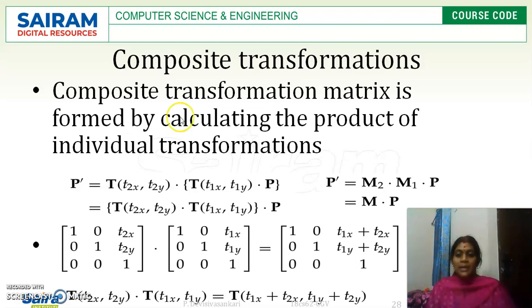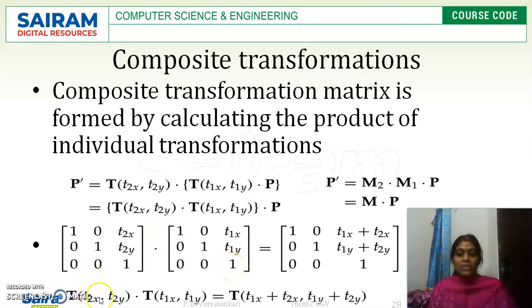Here P dash is equivalent to doing 2 translations along with P. This can be written as M2 M1 of P. M2 is the T2 matrix and M1 is the T1 matrix, along with the original object value. Otherwise, we can write the composite as M into P, and this is the way to expand the matrix format.